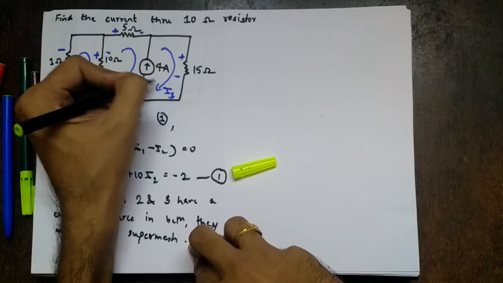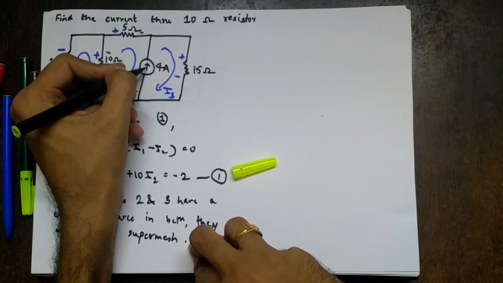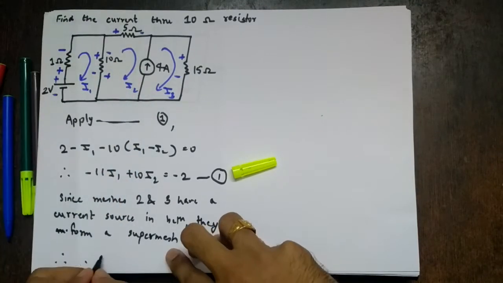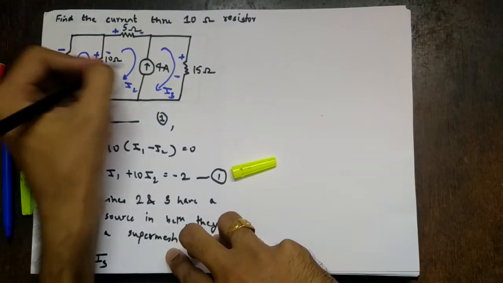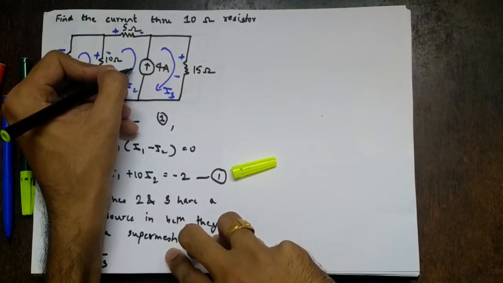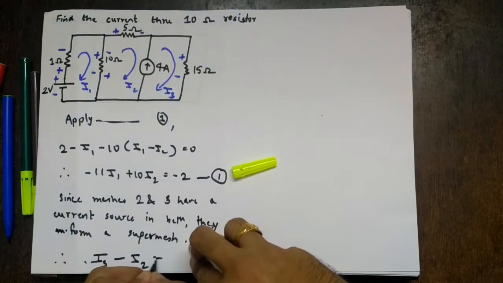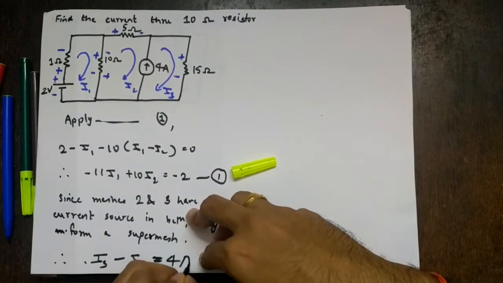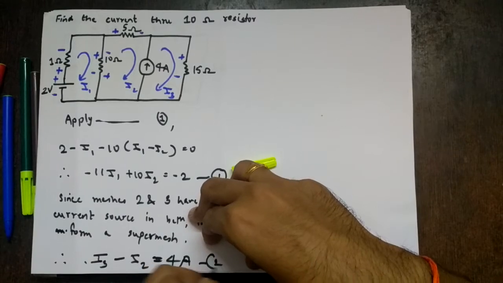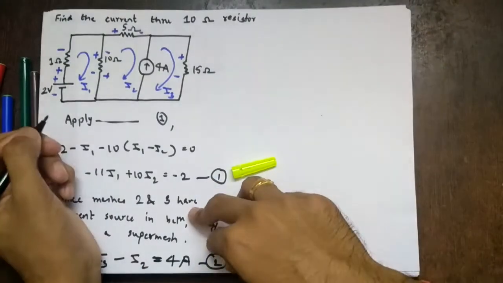If you observe, I3 is going in the same direction as the 4 ampere. So we first write I3. Then I2 is going in the opposite direction to I3 as well as the 4 ampere, so it is minus I2. And this value will be equal to 4 amperes. So this is directly our second equation. This becomes simple actually.